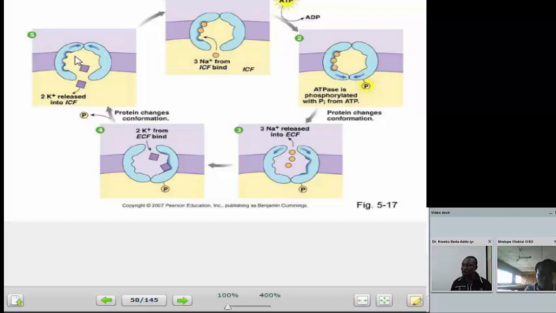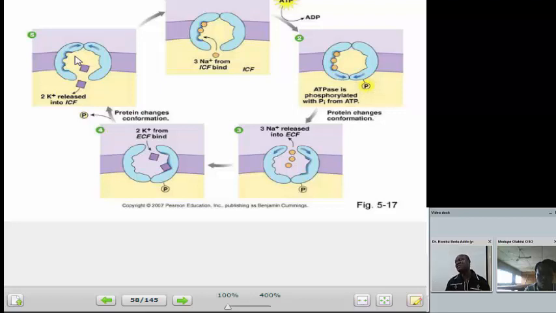Now, for survival and stability of the cell, the sodium that gets into the cell would have to be pumped out. The potassium that goes outside the cell needs to be pumped in.